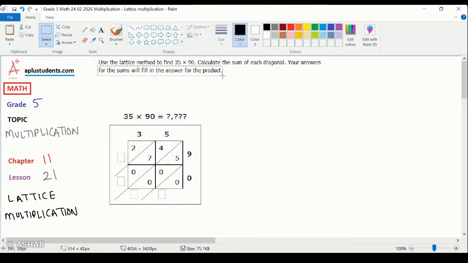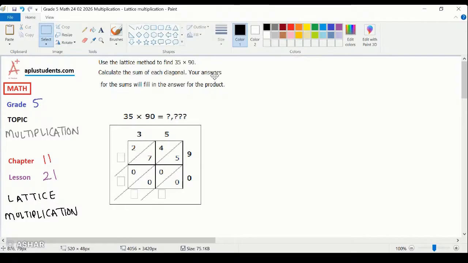What we need to do is use the lattice method for 35 multiplied by 90. Calculate the sum of each diagonal. Your answer for the sums will fill in for the products, right? This is our question number 1.